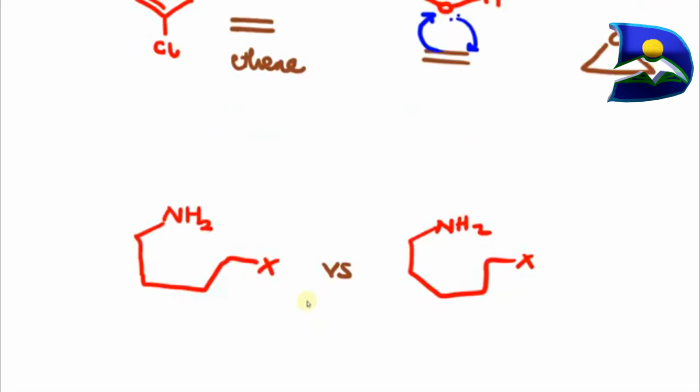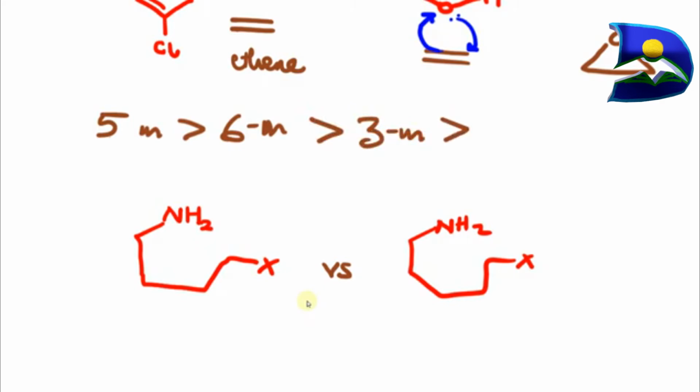The order is where first the 5-membered ring is greater than the 6-membered ring in terms of favorability, and the 6-membered ring is greater than the 3-membered ring in favorability, and this is greater than the 7-membered ring in favorability, and finally this is greater than our 4-membered ring in terms of favorability. And the question here is this: why is 5 greater than 6?